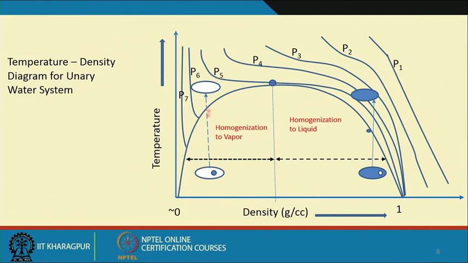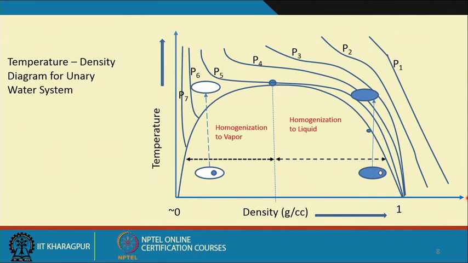Here, if we originally think that this inclusion was trapped over here, as the temperature decreases, the phase separation that we see inside the inclusion will result in a dominantly aqueous liquid plus a vapor. Or if the inclusion is trapped here and the temperature is decreased, then we will have a dominantly liquid with a small proportion of vapor.